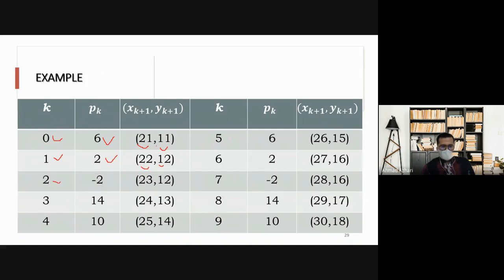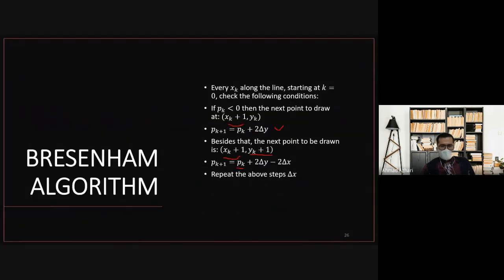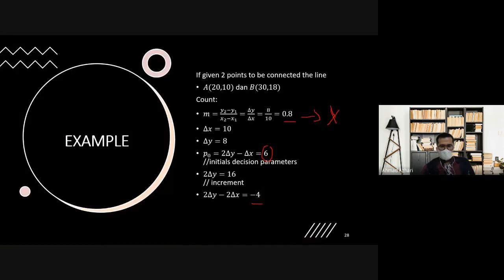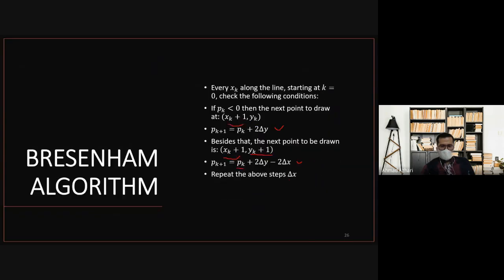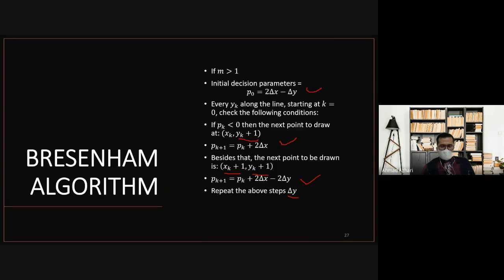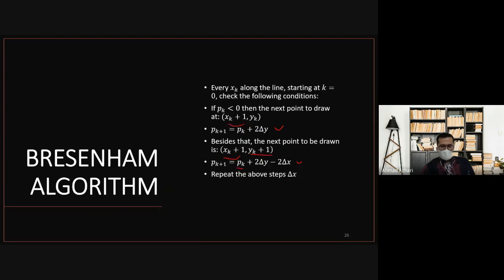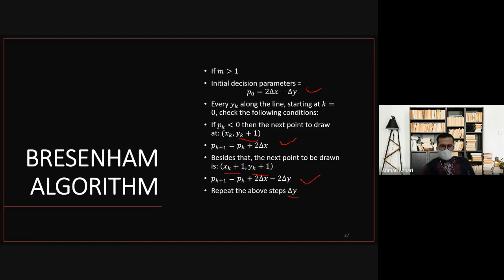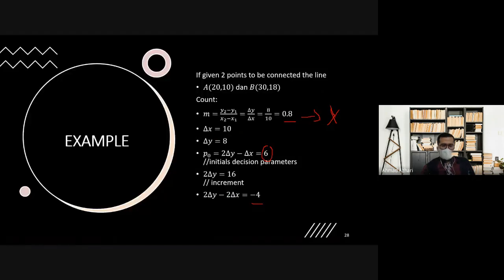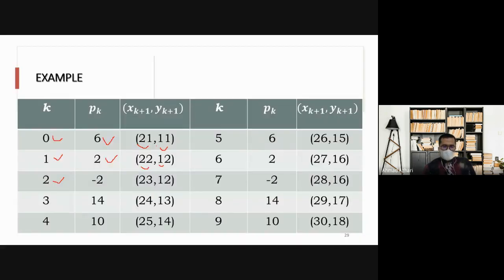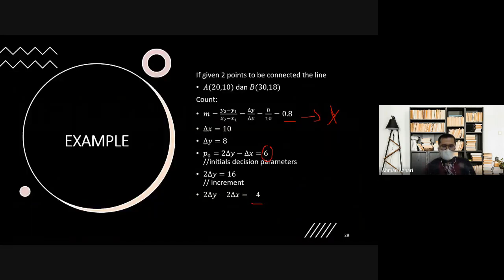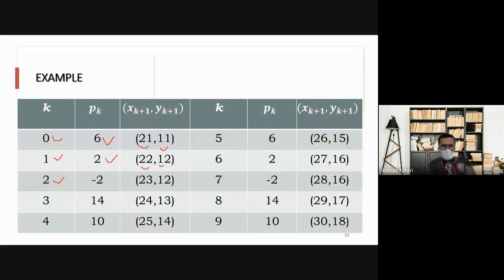And then for the 2, the next we will also use this p, the 2 delta y minus 2 delta x. Now the delta y is taken from x2 y2 and x1 y1.